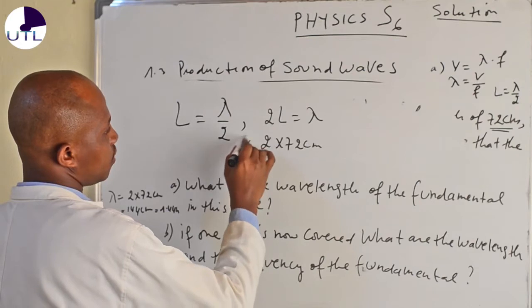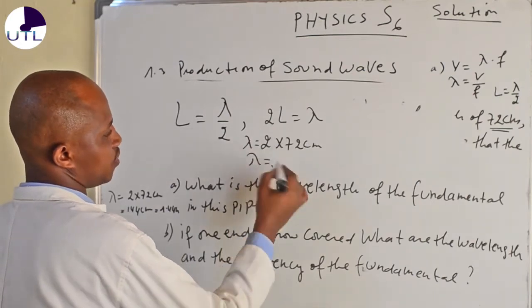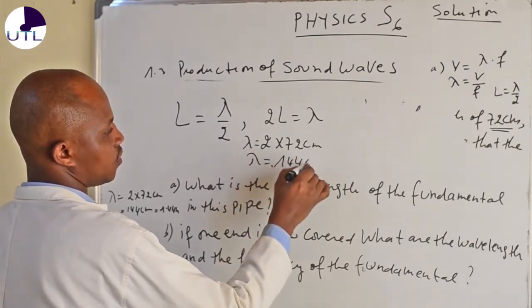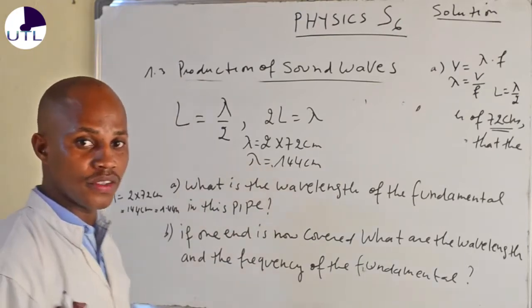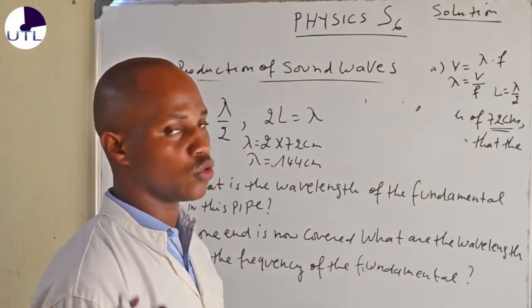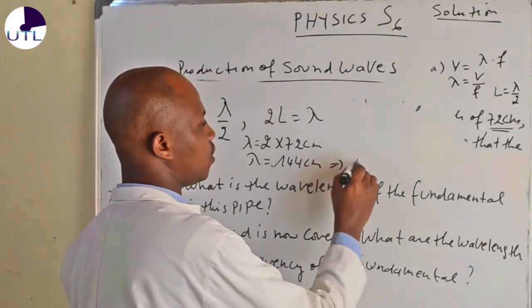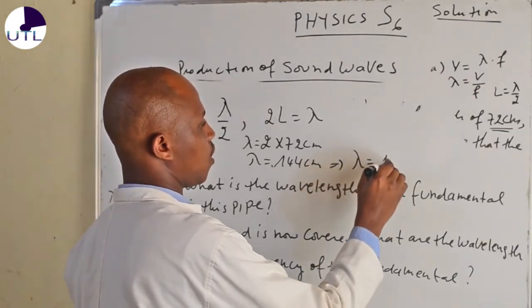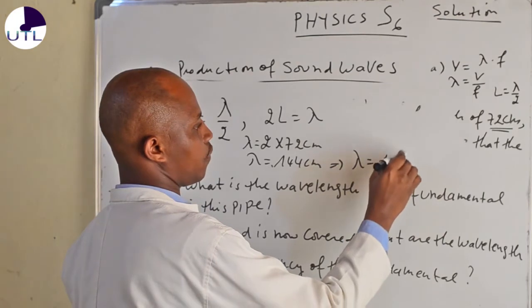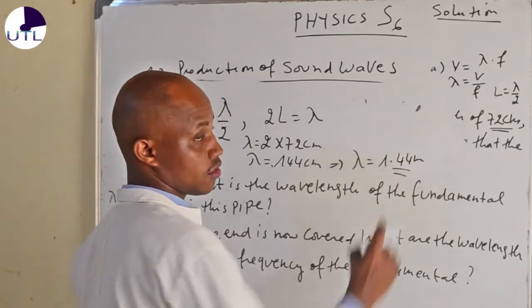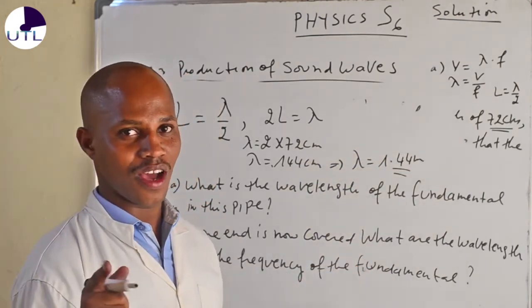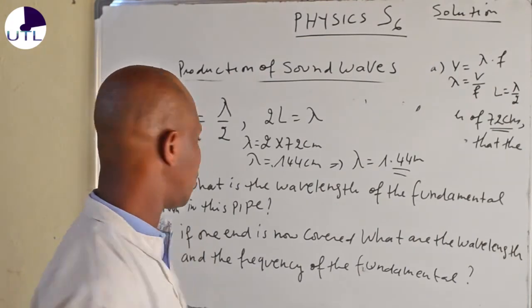That is the wavelength, which means the wavelength is equal to 144 centimeters. Remember, in physics, it is very necessary to change into SI units. So the wavelength will be equal to 1.44 meters. Wow, great.